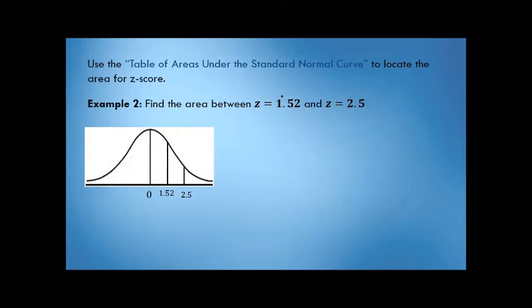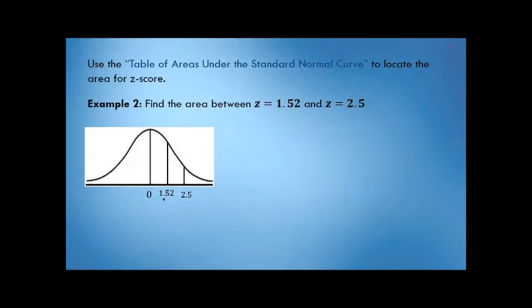So, dahil positive yan, mas mataas siya sa 0. So possible, estimate natin nandito yung 1.52. And then yung isa pang z-score which is 2.5. So positive din siya pero mas malaki ng konti sa 1.52. So possible nasa bandang kanan pa siya ng 1.52. Okay, so ito yung dalawang z-score natin plus yung z-score ng mean.